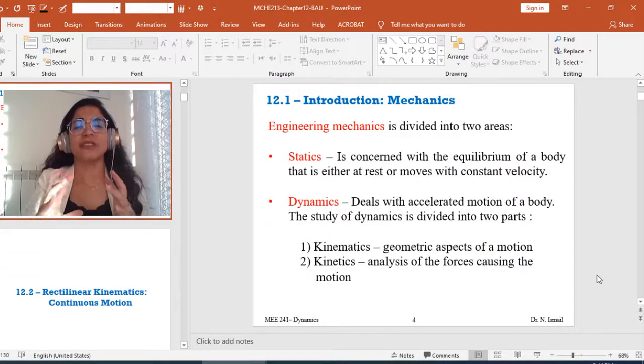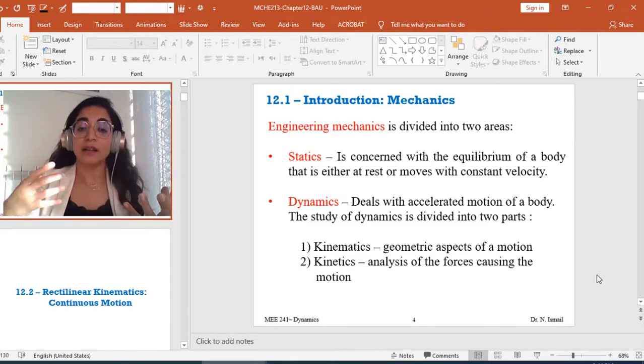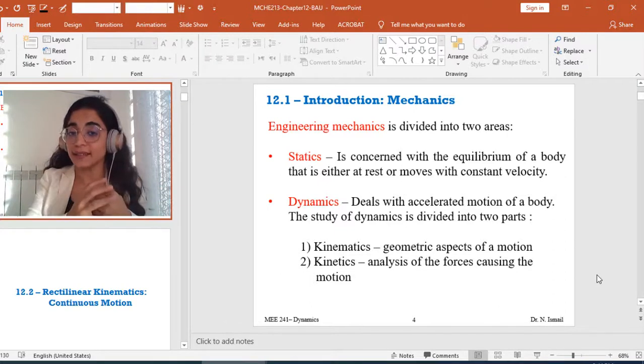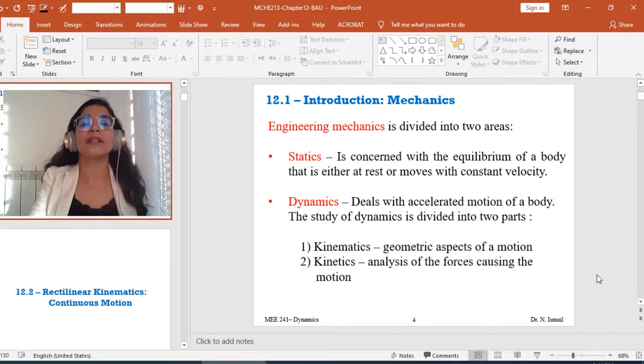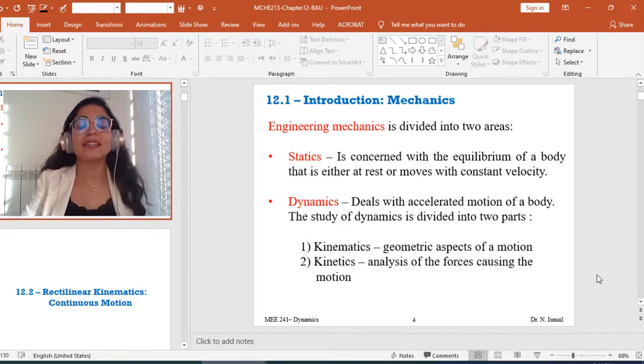Now, as an introduction, and as we said previously in lecture 0, I know that mechanics is divided into two parts, statics and dynamics. Statics is when the body or the particle is at rest or at a constant velocity.